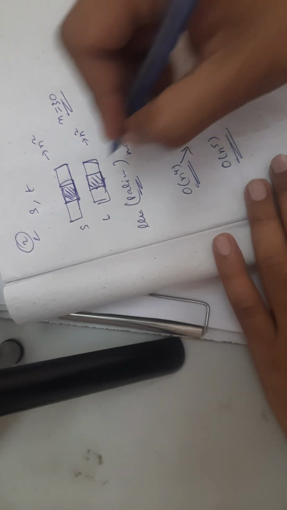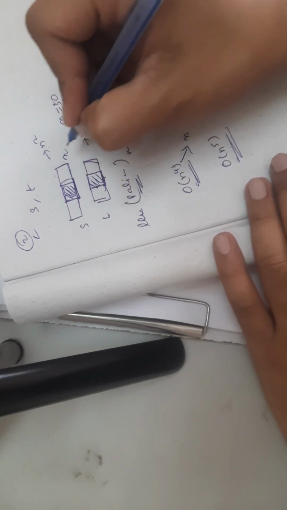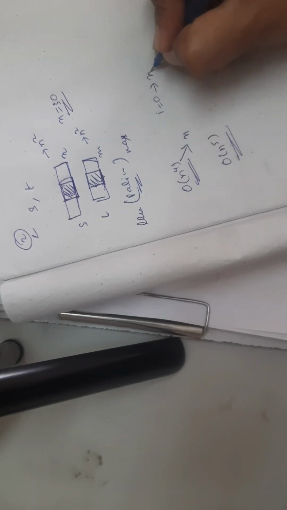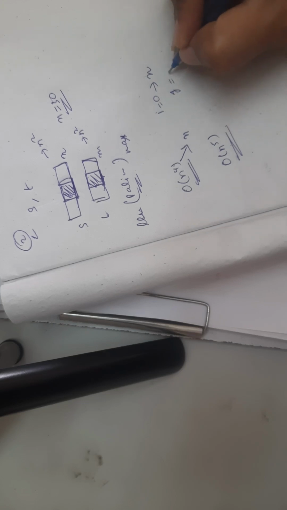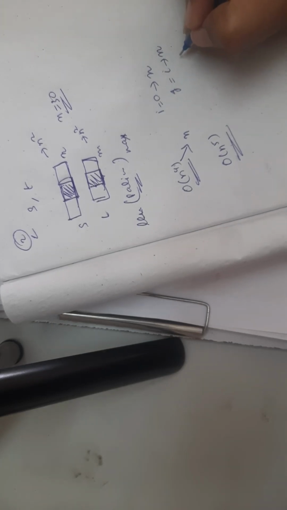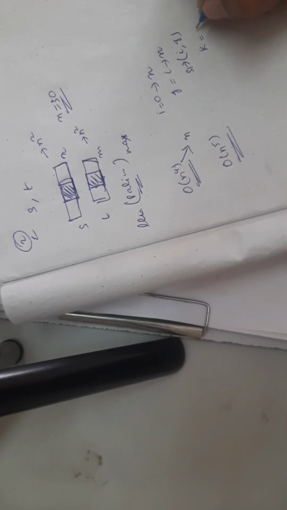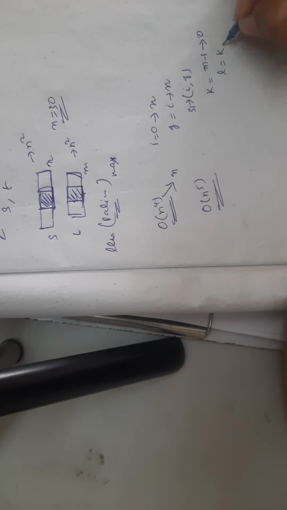So let the length of s be n and the length of t be m. Overall I can check i from 0 till n and j from i till n, and this i, j will give me the substring, let me call it s1. Again, k from m minus 1 till 0, and l from k till m.